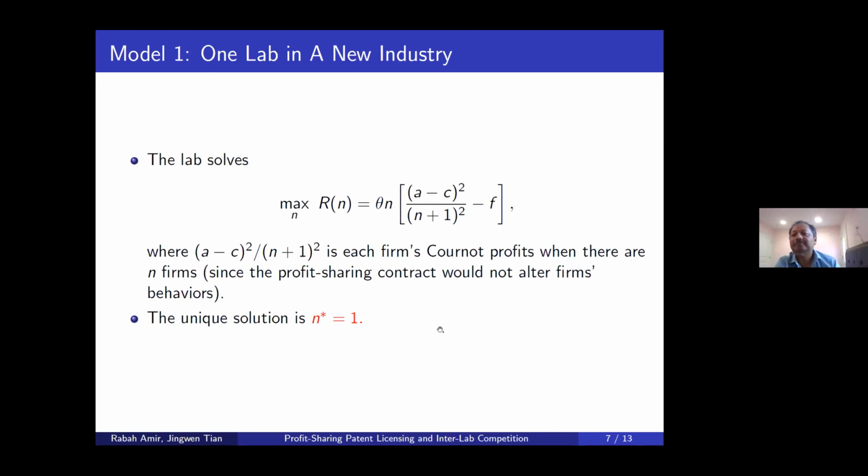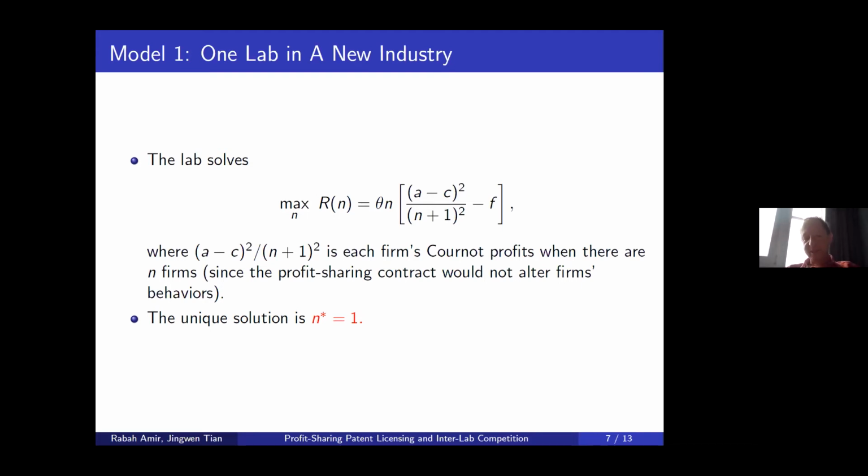And so if you have one lab, then obviously N star is equal to 1. The reason is just that monopoly is the market structure that maximizes industry profit. If you have one lab and no existing firms to start with, the lab would pick a single firm to sell to, because it knows that monopoly maximizes the profit of any industry with linear costs.